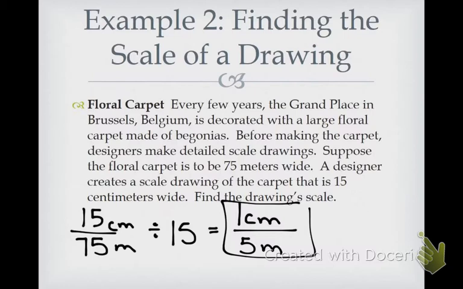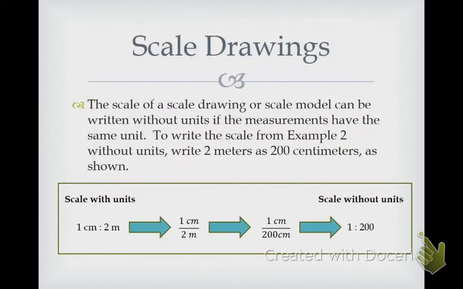Now we need to focus on writing the scale. You know how we talked about writing the units being important, otherwise I don't know what's being compared unless it's in the same unit? Going back to the carpet example, the scale was 1 centimeter to 2 meters.